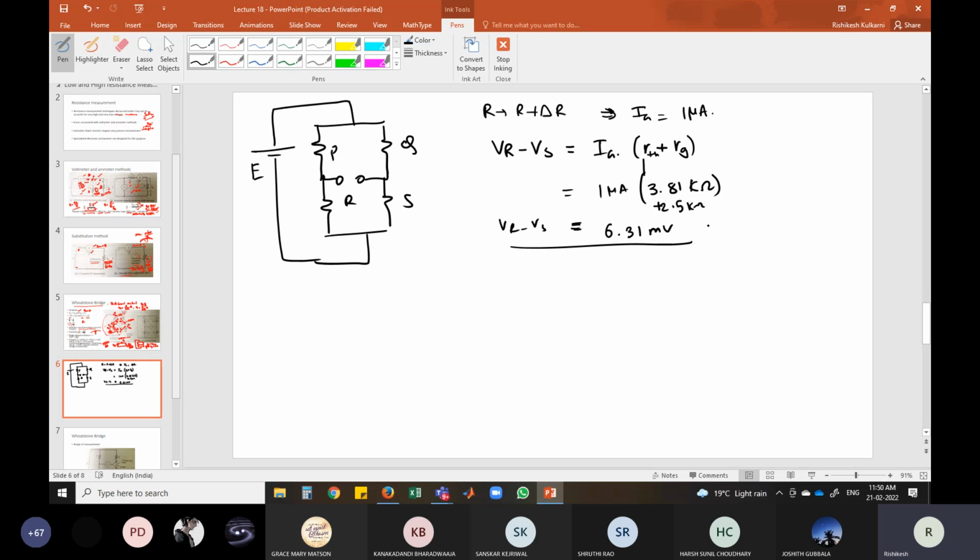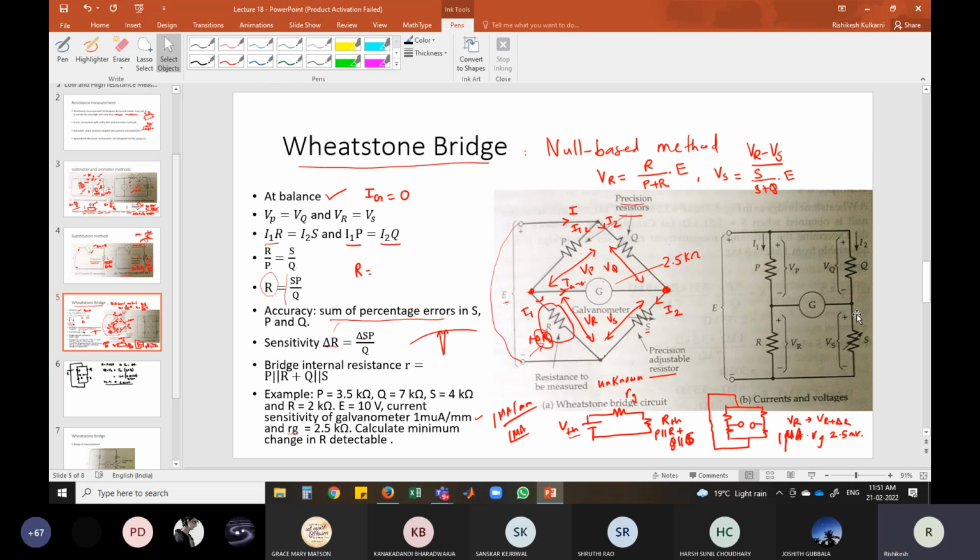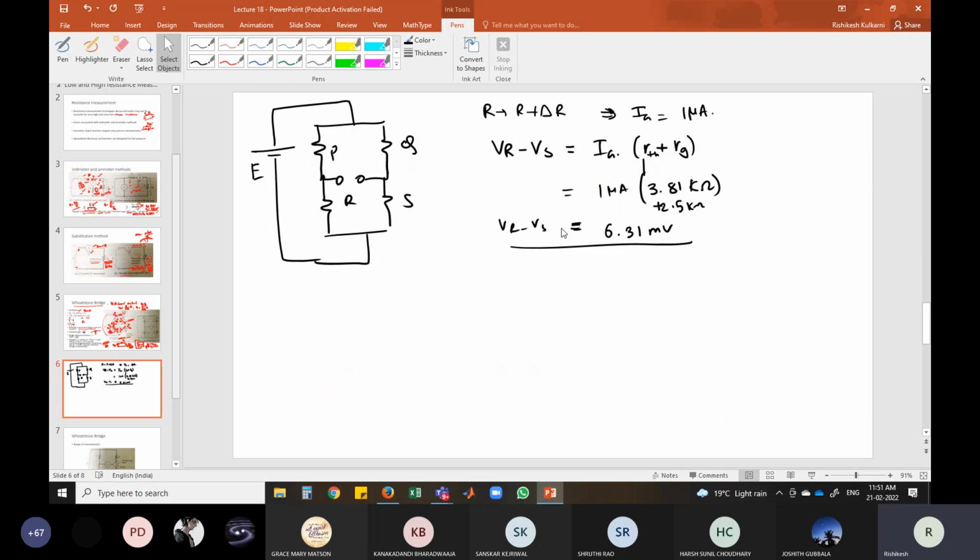VR minus VS had changed to 6.31 millivolts due to the change in R by delta R, right? When R was equal to the previous value, it was at balance, so VR was equal to VS. So VR minus VS was 0, but now it has changed to 6.31 millivolts. Now VR has increased and VP has decreased, isn't it?